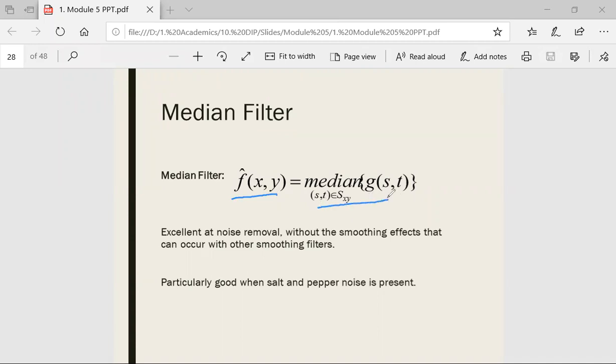I have already told you how to write code in MATLAB. A equals imread of an original image.